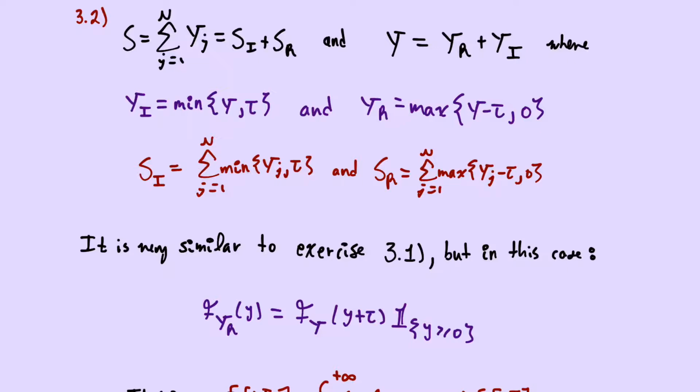To be more specific, we define that the YI random variable represents the amount that the insurance company will pay for a specific severity.